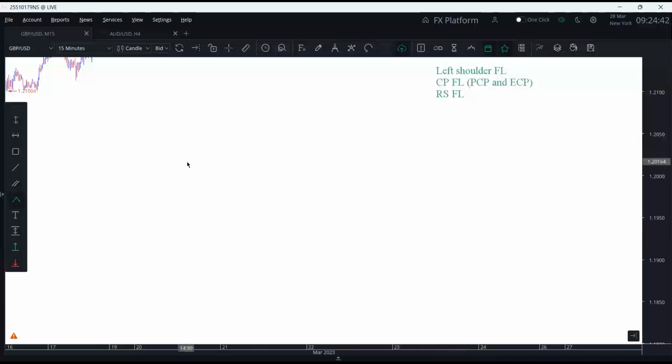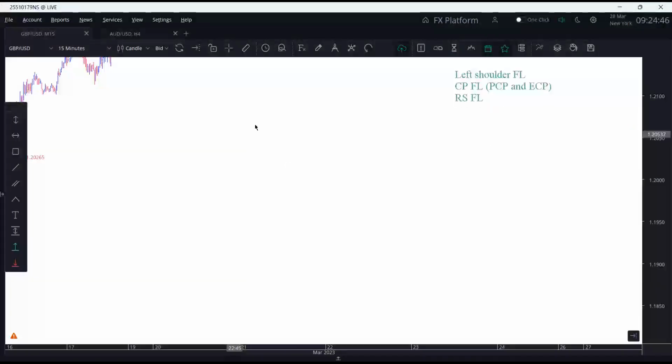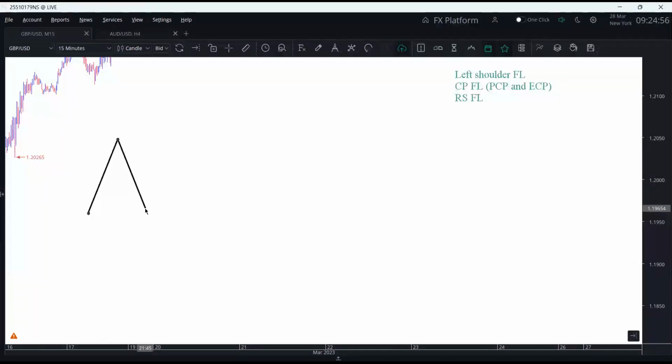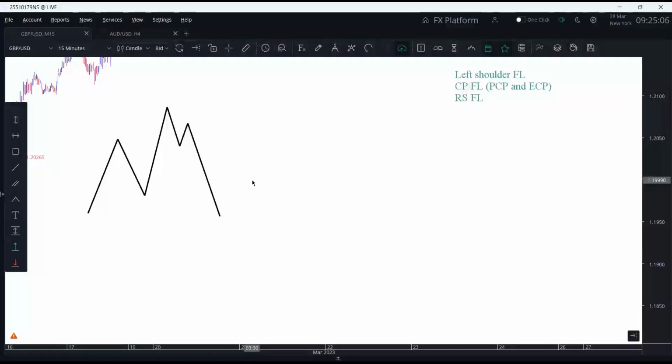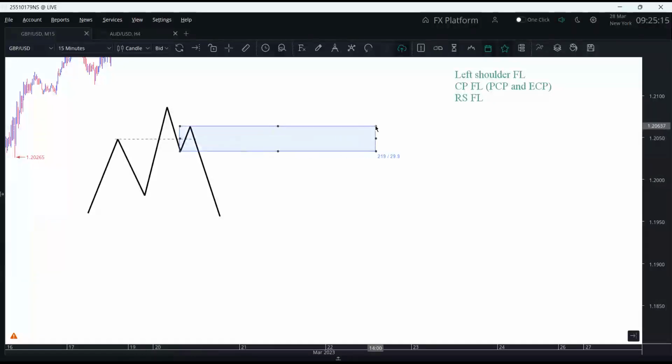Well, I described the first one for you, and after that we go to a chart and have some examples. The left shoulder FL is a FTR created on the left shoulder. We have a high here, low, and higher high, then lower low. Lower low is really important. So the FTR created on the left shoulder is a left shoulder FL.